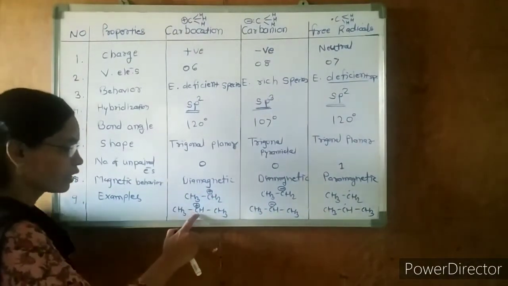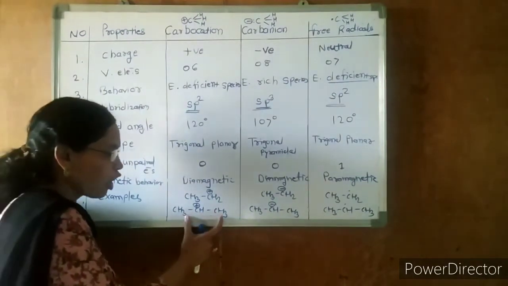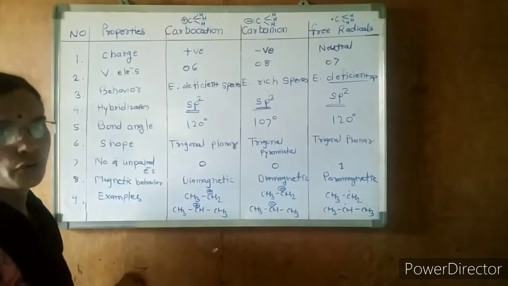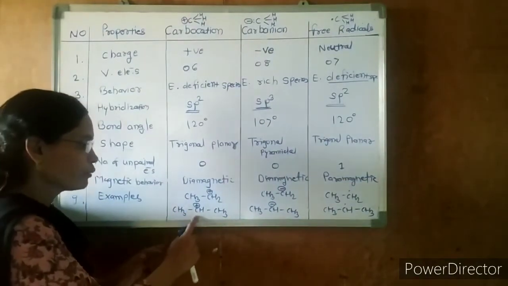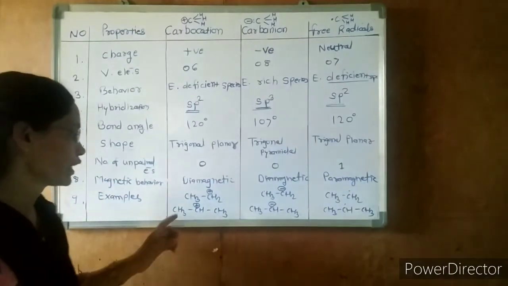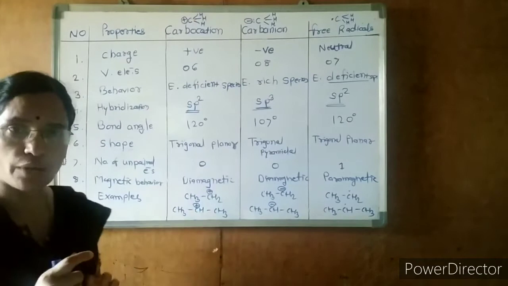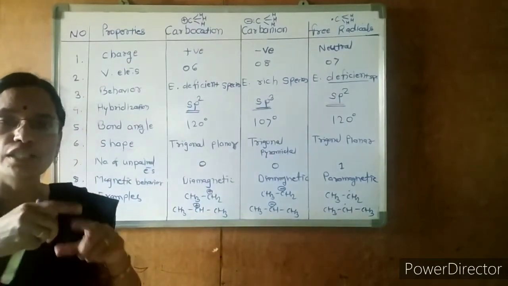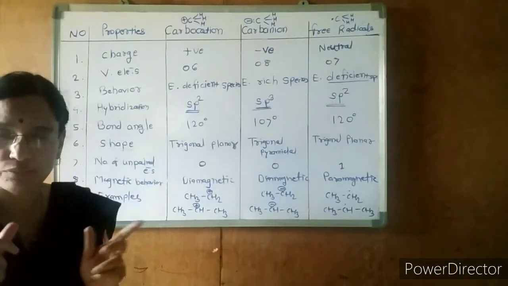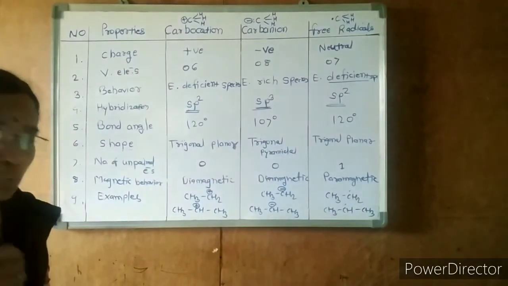And here the carbon bearing the positive charge is linked with two other carbon atoms, so it is called a secondary carbocation. If the carbon bearing the positive charge is linked with three other carbon atoms, then it is said to be a tertiary carbocation, and so on.